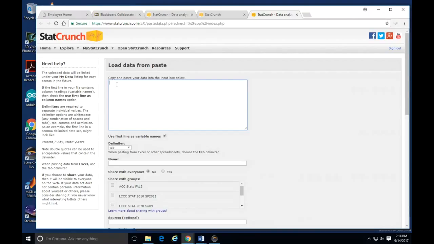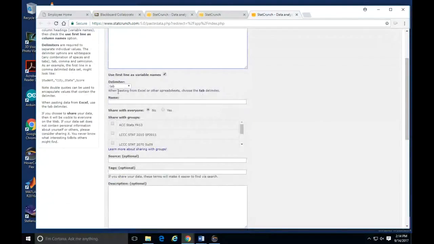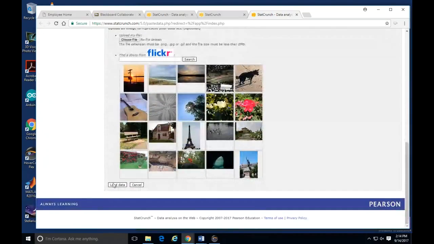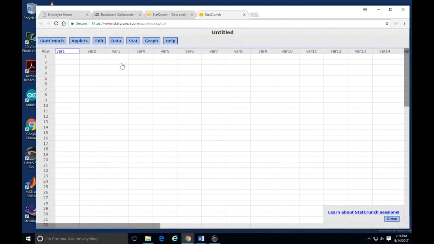Then it has some questions down here about what the data looks like. Most likely, if you're copying it from MyStatLab, the delimiter will be tab, so you don't have to change that. Then just click on Load Data, and it should put the data back into your StatCrunch data editor here.